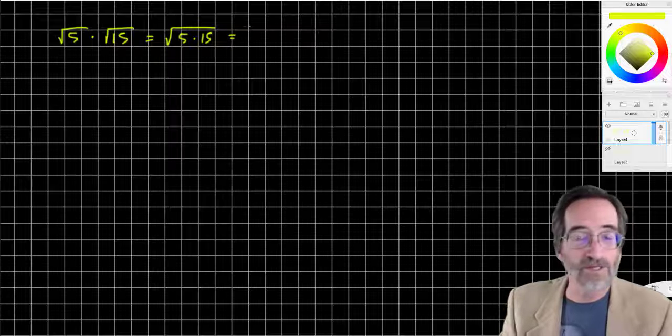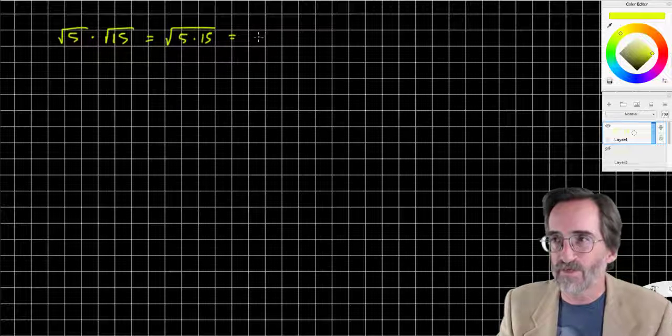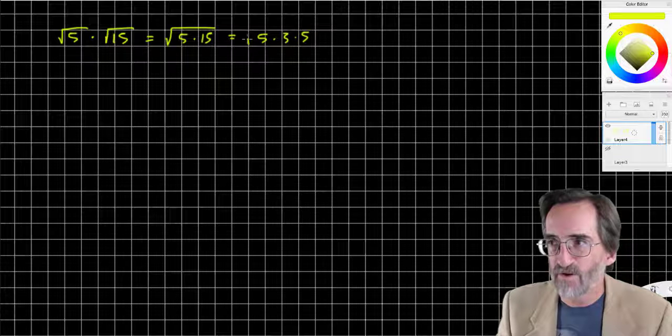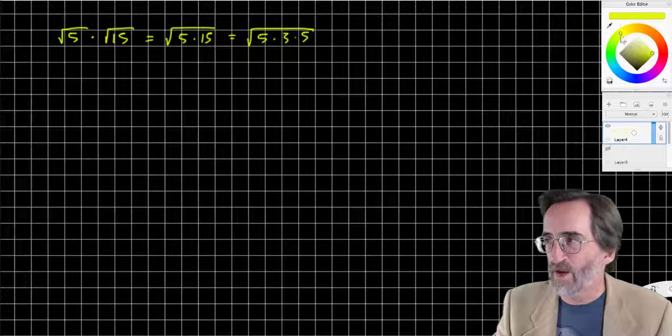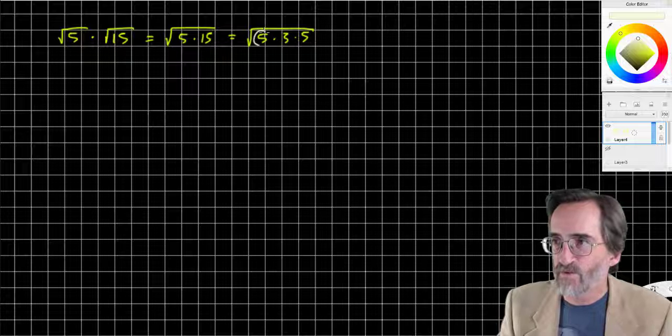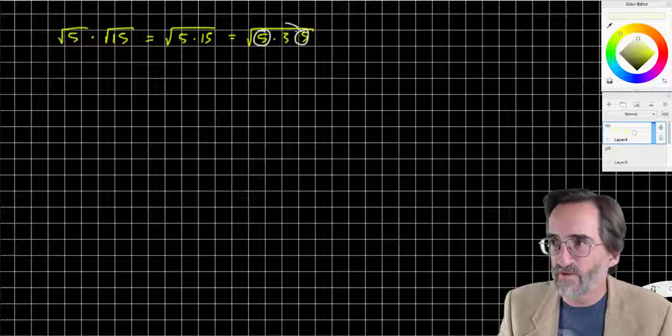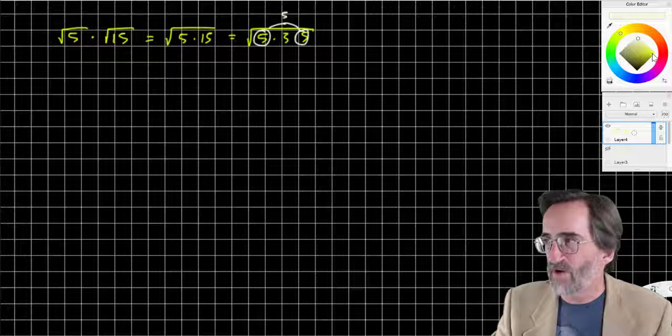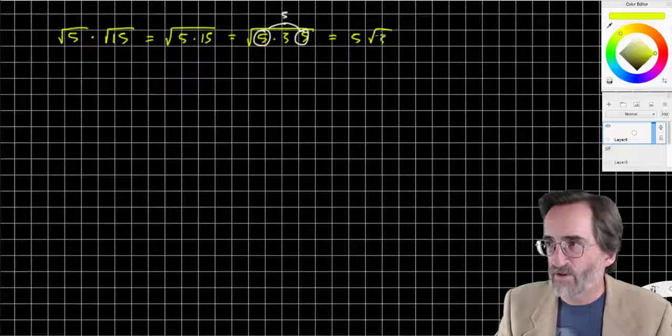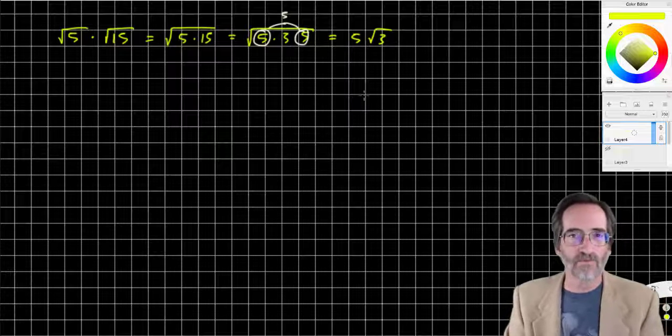Now, based on what we learned last lesson, 15 is 3 times 5. So this is 5 times 3 times 5. And I can pull out a pair of 5s. The square root of 5 times 5 is 5. So 1 5 comes out. All that's left in the radical is the 3, 5 root 3.